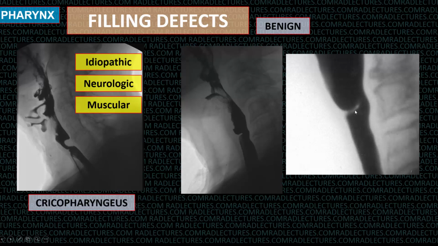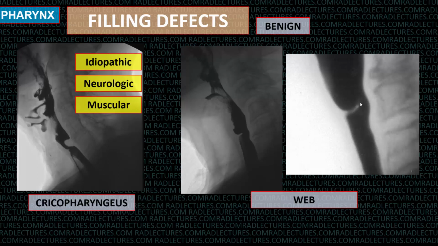Now, how do we say whether the web is causing obstruction or not? One is that the patient will be symptomatic. Second is you can give them a tablet. And the third thing is you can also look for the dilatation of the pharynx above the level of the web. If it is dilated, then that means that this web is significant.